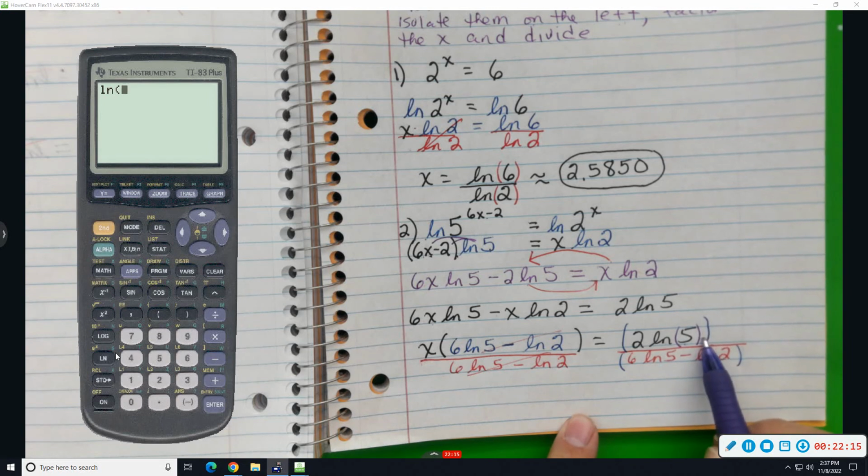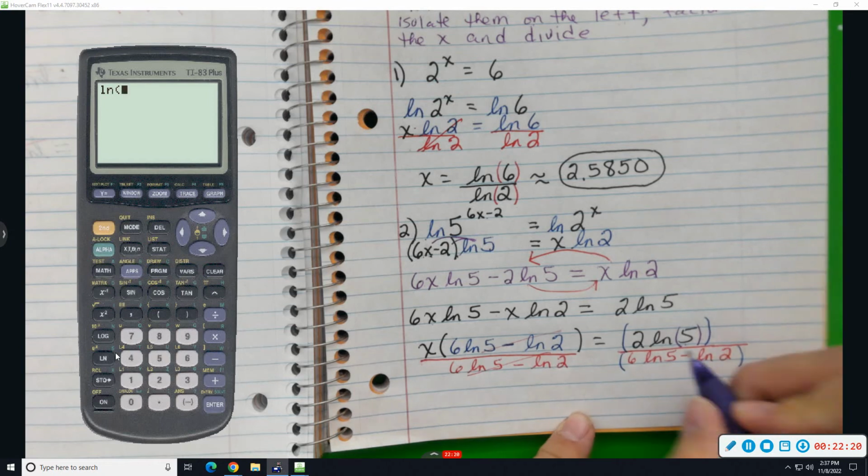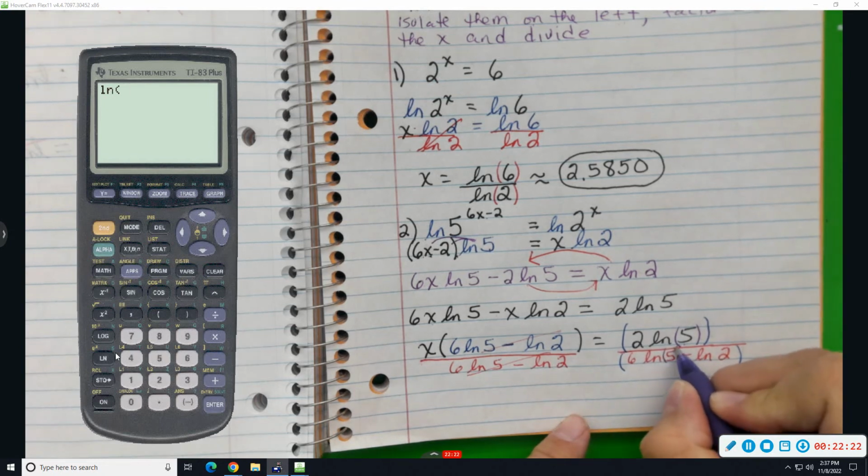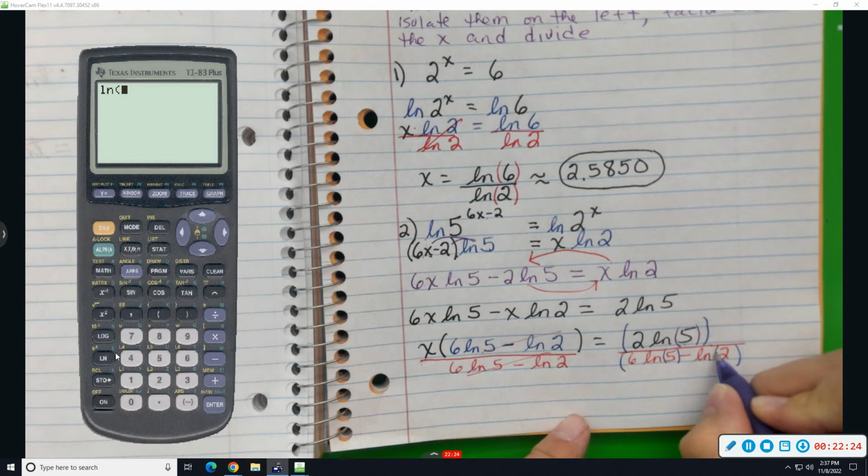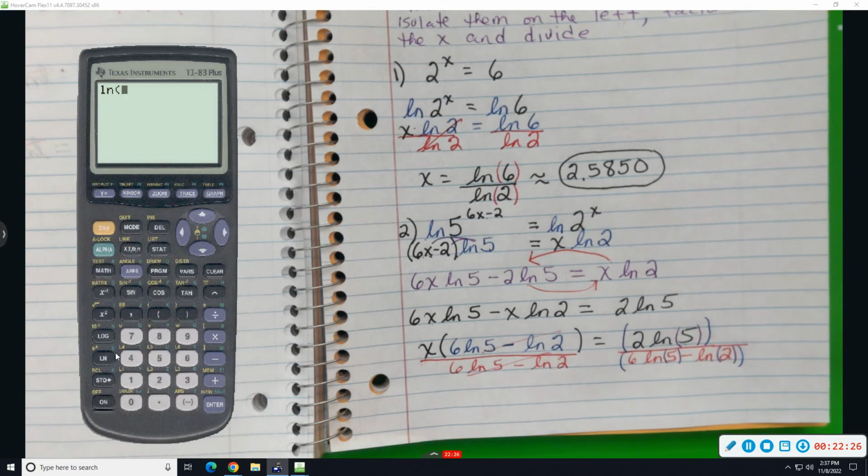If you don't put those parentheses around the 5 and around this 2, it's going to give you the wrong answer.